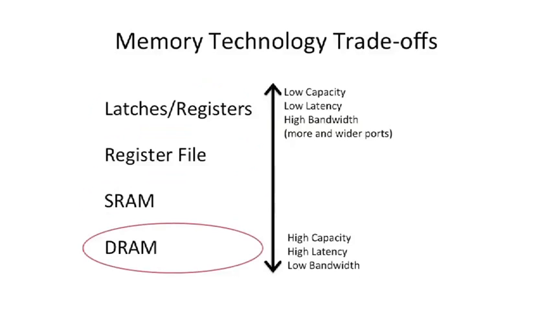As we get to bigger and bigger memories, we get a lot more capacity, but it takes longer to access them, kind of by definition, and typically we have less bandwidth. If we have small things, we have low capacity, low latency, and very high bandwidth. So it's a trade-off of capacity versus the other positive aspects. And depending on where you put it in your memory system, you might want to trade these off differently.